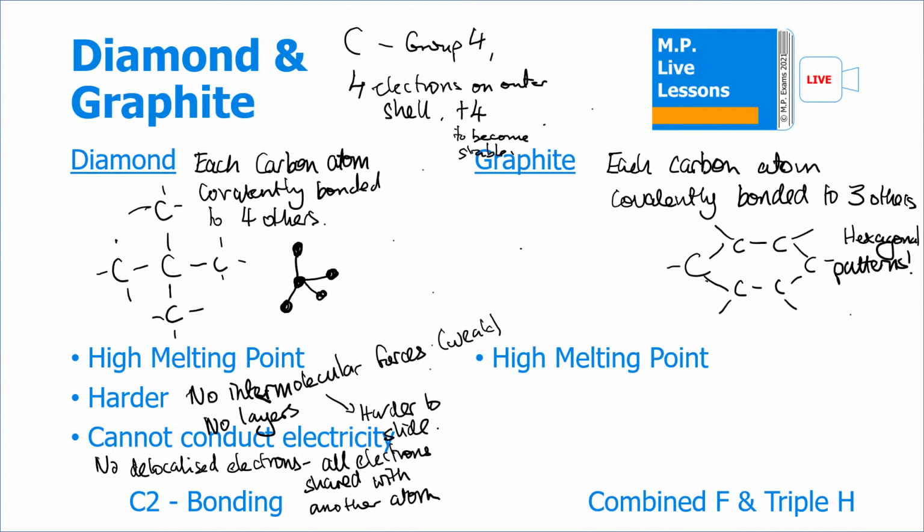Like diamond, it also has a high melting point because you've got many of these covalent bonds to break, which require lots of energy. However, these carbon atoms are in layers in these hexagonal patterns with weak intermolecular forces.